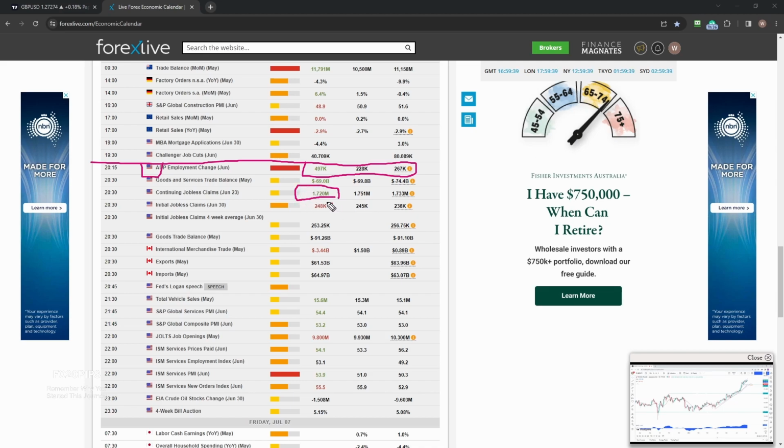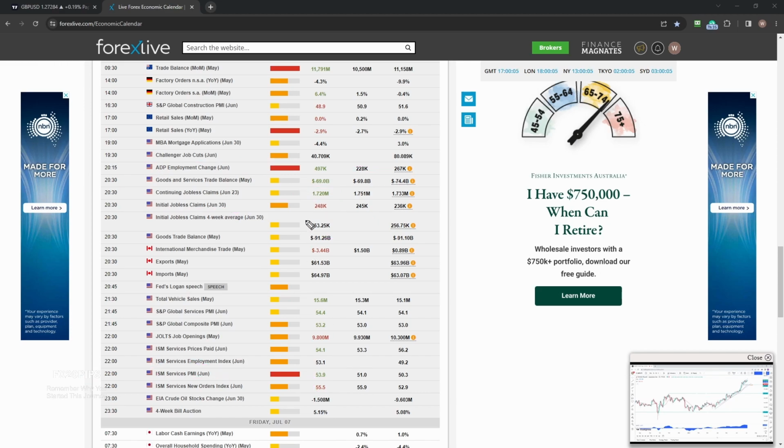Okay, some positive, some negative. Initial jobless claims for June, higher than this one. And all these minor news. Then after which we have the 10 p.m. Positive news again for the US, right? And then we also have a little bit of bad news here.